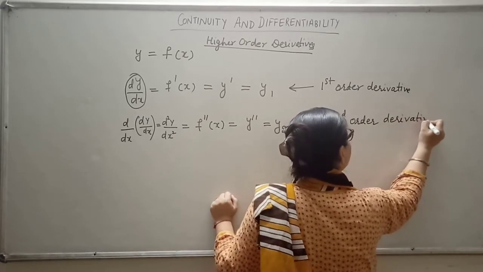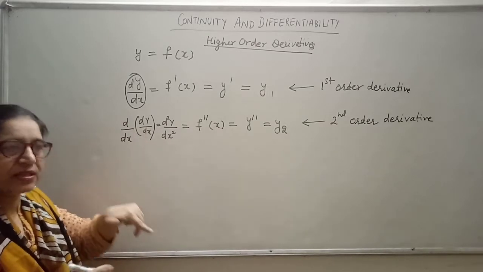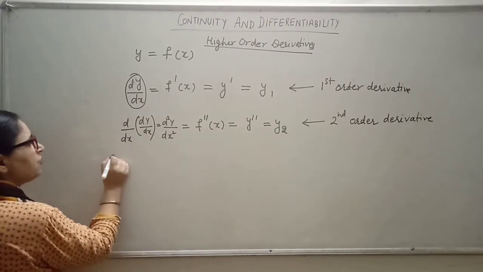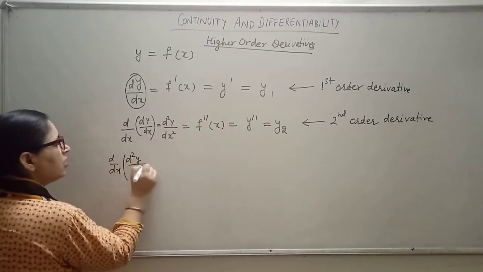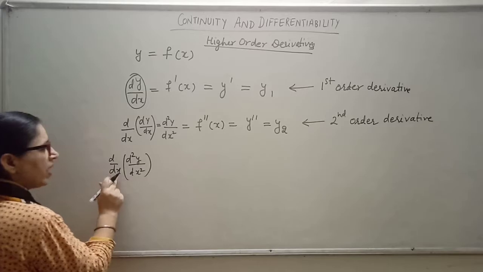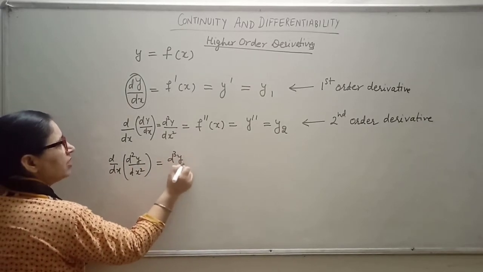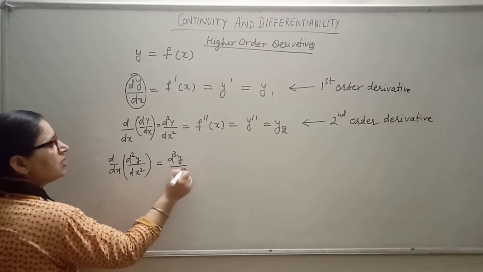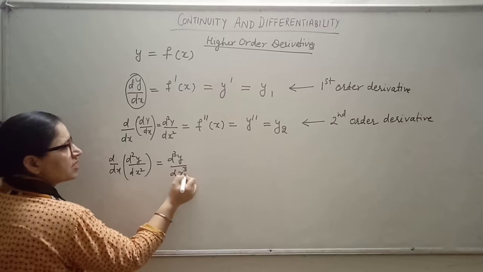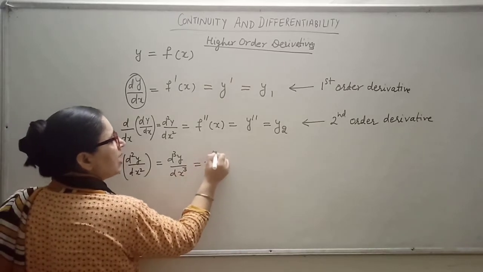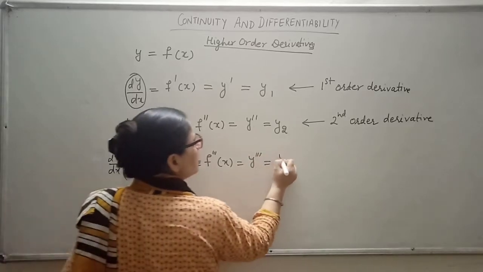And if I differentiate this second order derivative again with respect to x, then it becomes the third order derivative. This would be written like this: d cube y upon dx cube is equal to f triple dash x is equal to y triple dash is equal to y3.